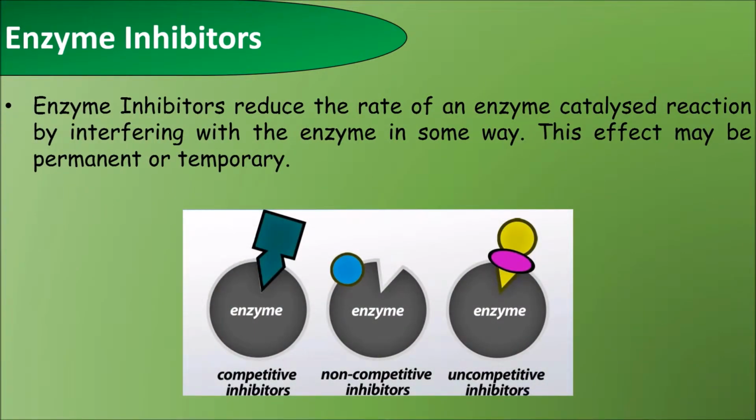Enzyme inhibitors reduce the rate of an enzyme catalyzed reaction by interfering with the enzyme in some way. This effect may be permanent or temporary.